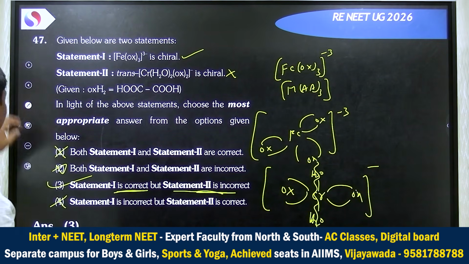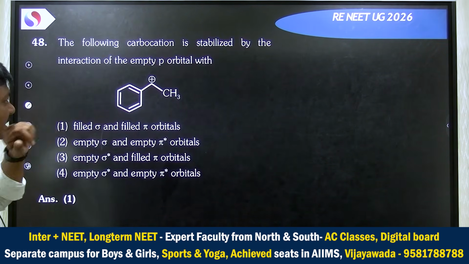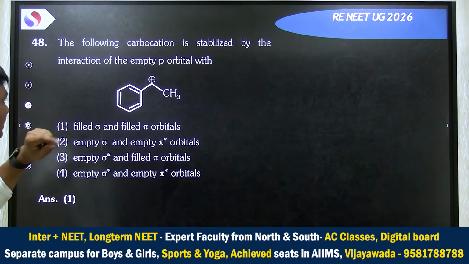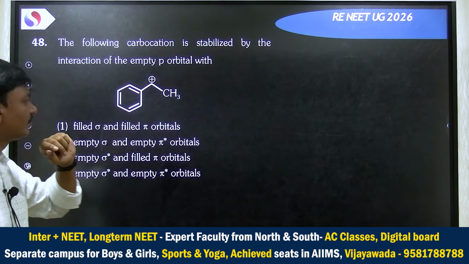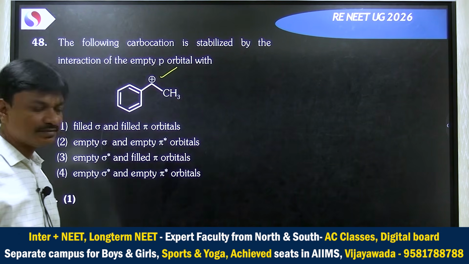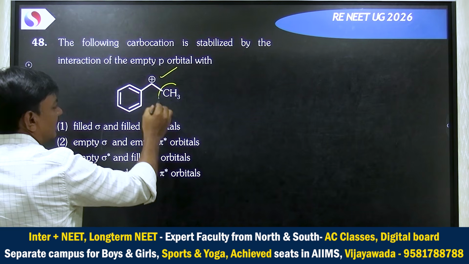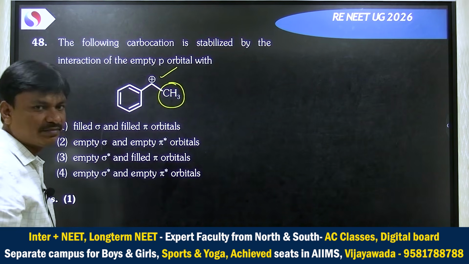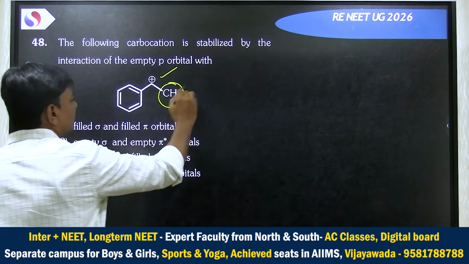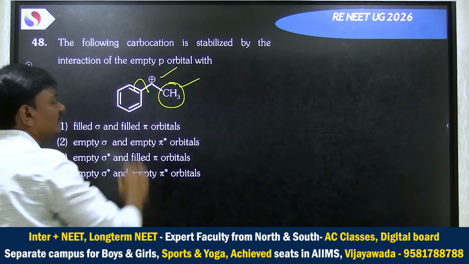Then go to the 48th question. The following carbocation is stabilized by the interaction of the empty p orbital with. Here the carbocation will be given. It is from GOC. That carbocation will be stabilized by, here alpha hydrogens are there. Alpha hydrogens means hyperconjugation, and it is also stabilized by these pi bonds, right?